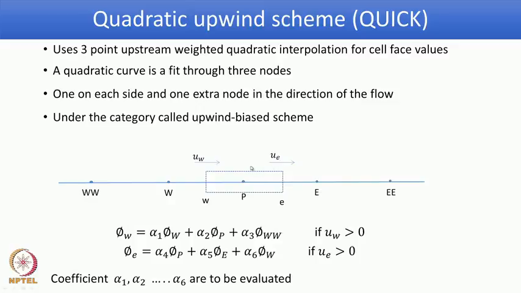Here the flow is from left to right. For that case, the one more upstream node is actually W. So, the expression for phi at e is equal to alpha 4 phi at P plus alpha 5 phi at E plus alpha 6 phi at W. Now, coefficients alpha 1 to alpha 6 are to be evaluated.